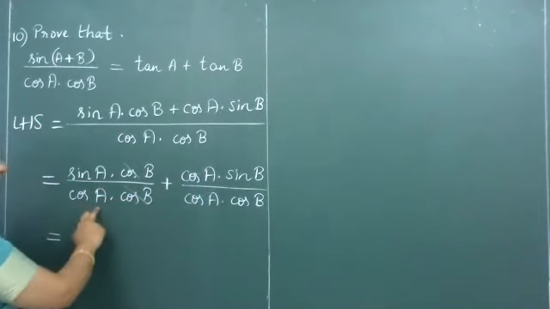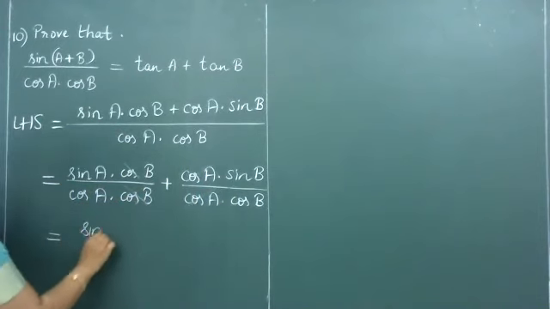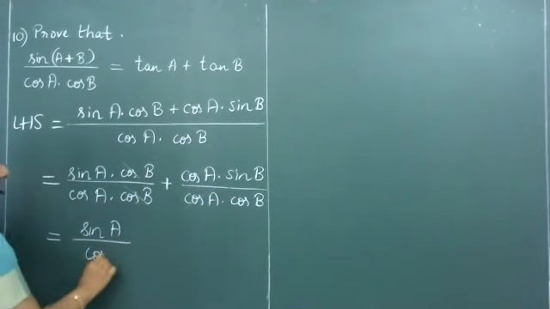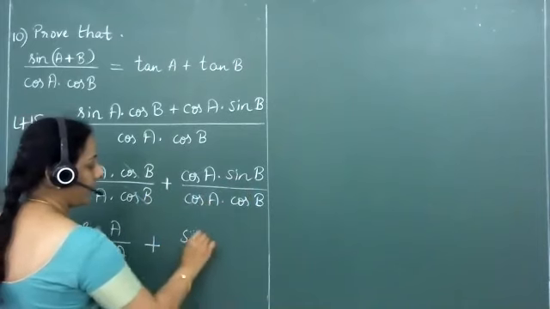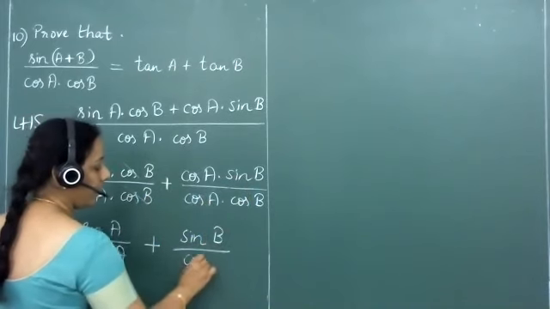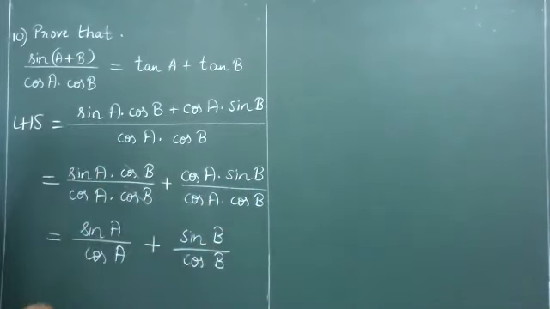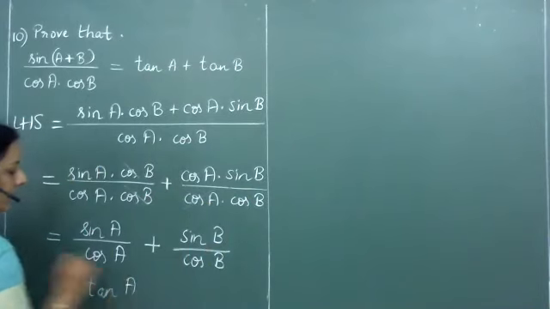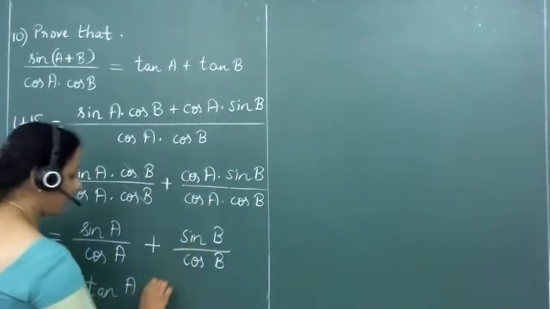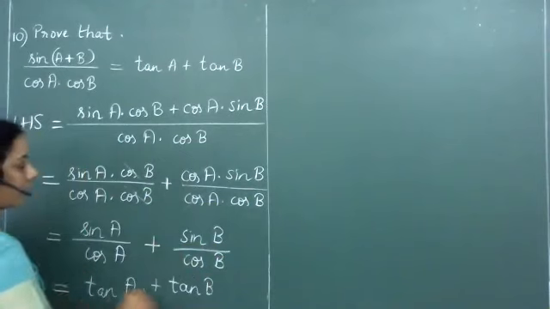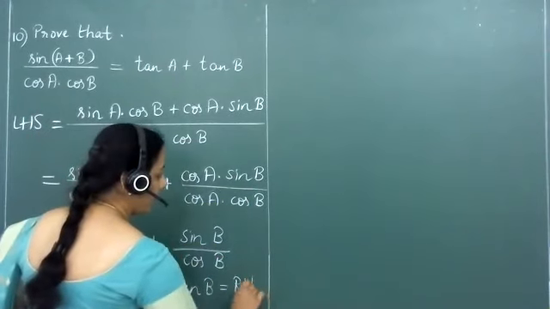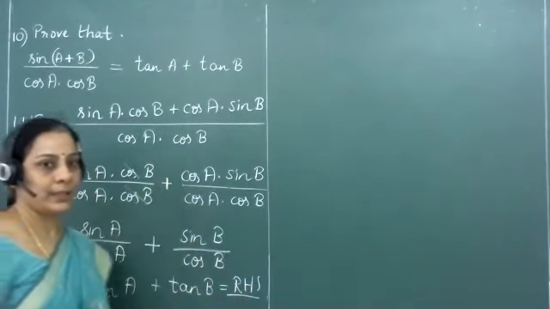And you have in the first fraction sin A divided by cos A plus second term will be left as sin B divided by cos B. Sin A divided by cos A will be equal to tan A. Sin B divided by cos B can be taken as equal to tan B. And so we have the RHS of the identity.